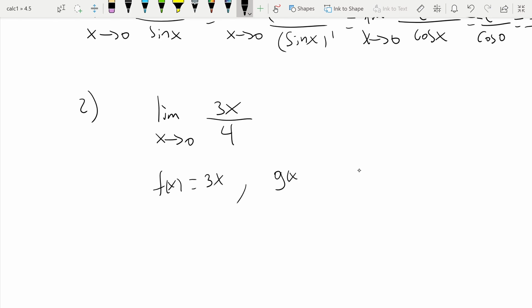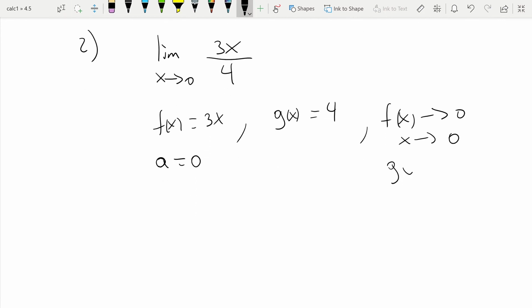G of x is a constant function 4, and the point a is again 0. While f of x goes to 0 when x approaches 0, g of x remains constant and so approaches 4 as x approaches 0.